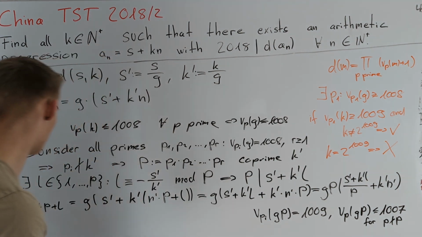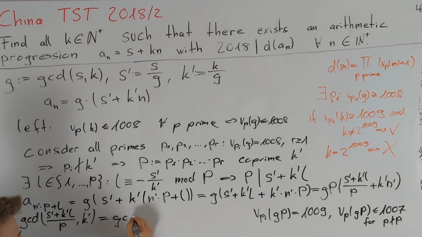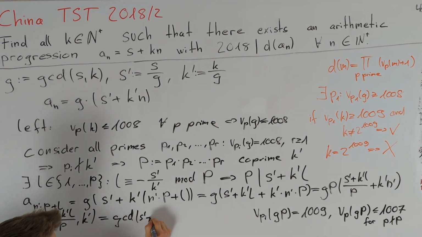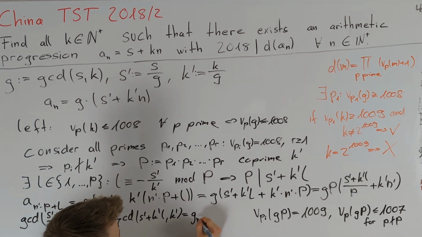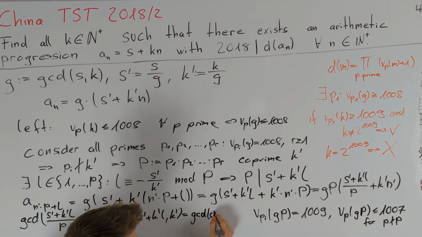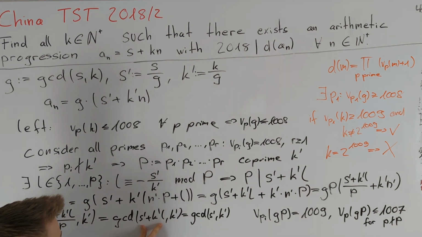Let's calculate this greatest common divisor. Namely, we have that the GCD of (s prime plus k prime L) divided by P and k prime is equal to the GCD of s prime plus k prime L and k prime, because we know that capital P and k prime are co-prime integers, and this is now equal to the GCD of s prime and k prime, because we can subtract a multiple of k prime from this left term here.